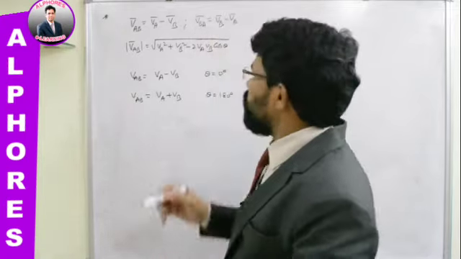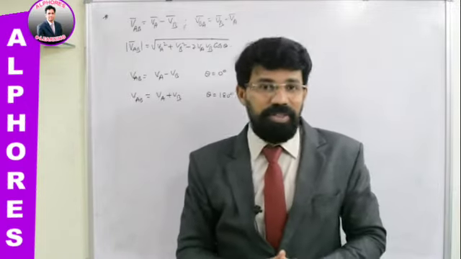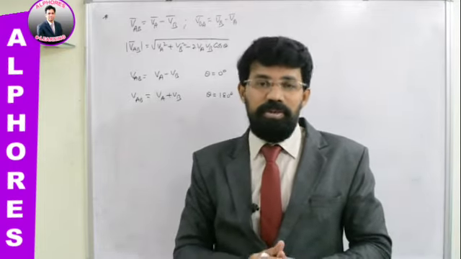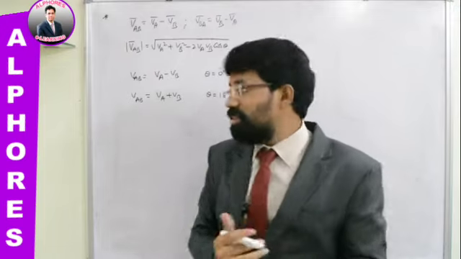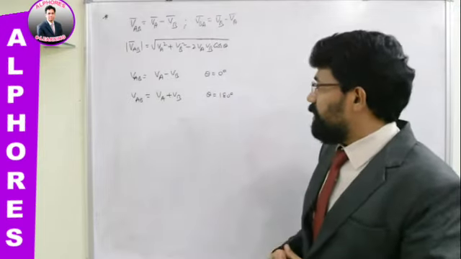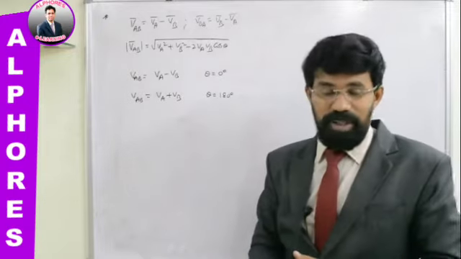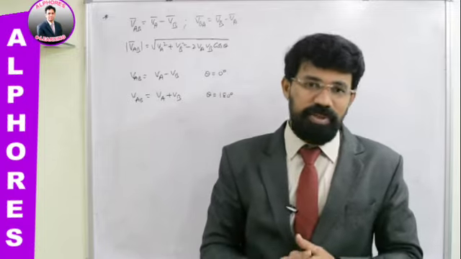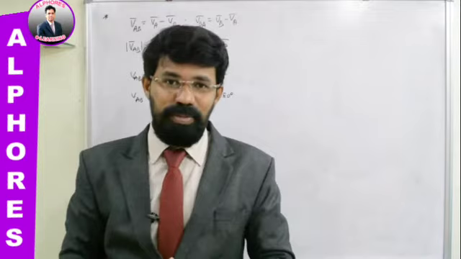So when you compare these two equations, one thing is obvious: VAB bar and VBA bar are not the same. The velocity of B with respect to A and the velocity of A with respect to B are opposite to each other, in different directions. The magnitudes might be the same, but they are in opposite directions, and I quoted several examples yesterday.